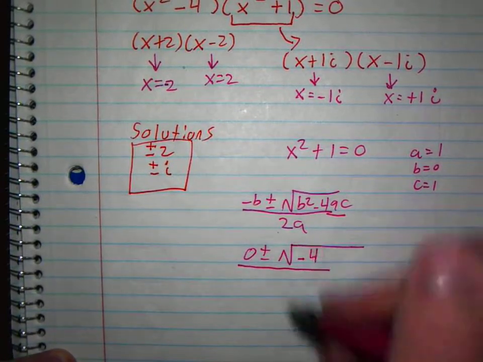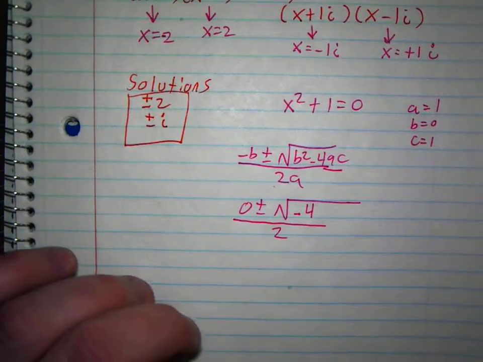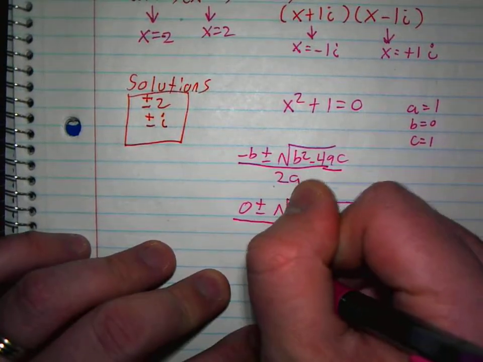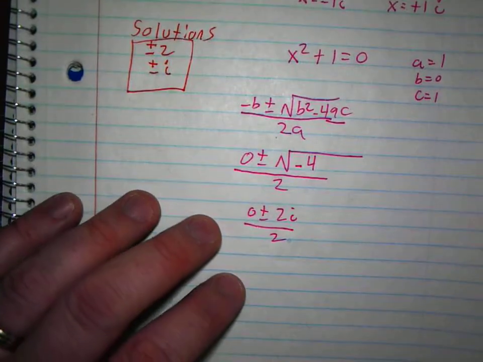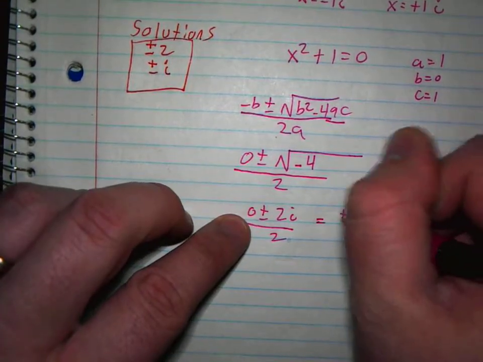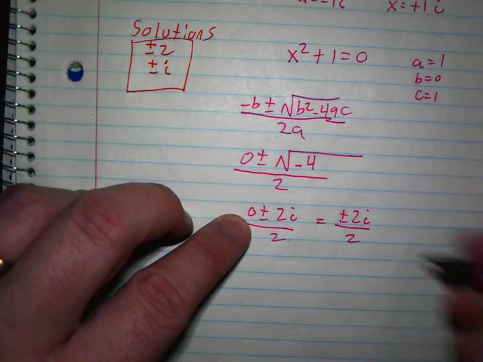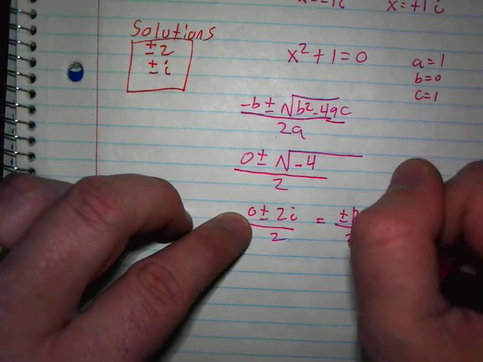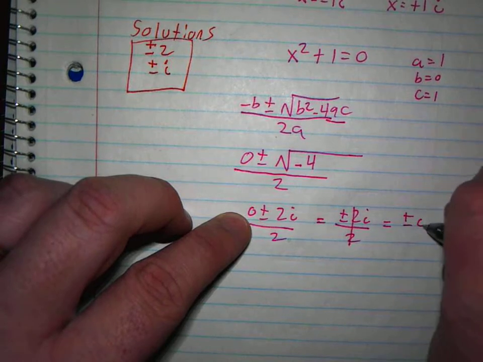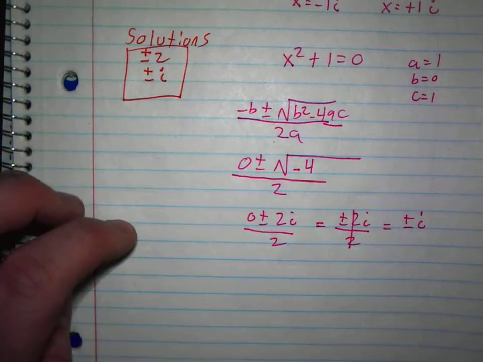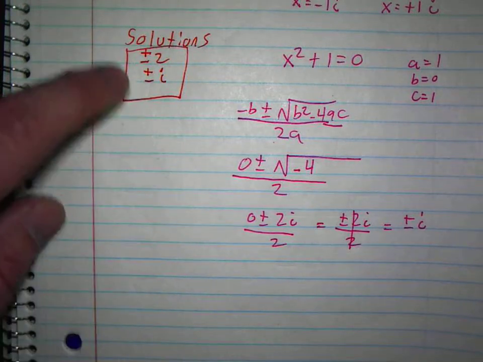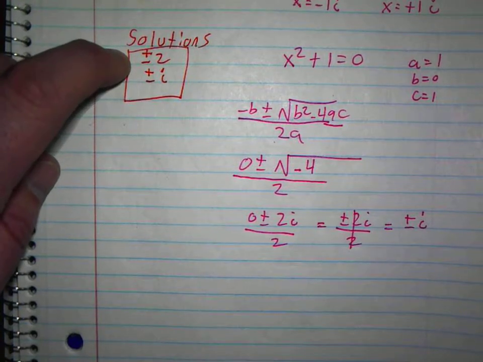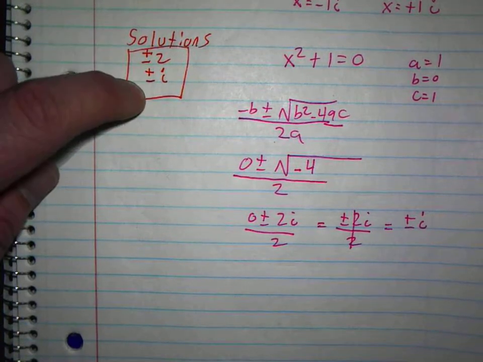And then 2 times 1 is 2. Square root of negative 4 makes 2i. So that equals plus or minus 2i over 2. The 2's cancel, making plus or minus i. So even if you don't know how to factor, you could use the quadratic formula, but factoring is so much simpler. The 4 solutions are plus or minus 2 and plus or minus i.